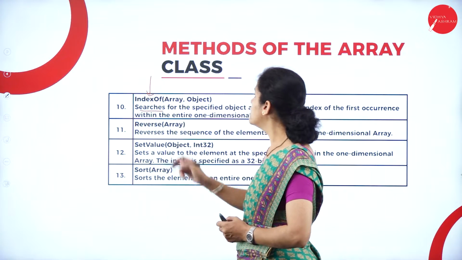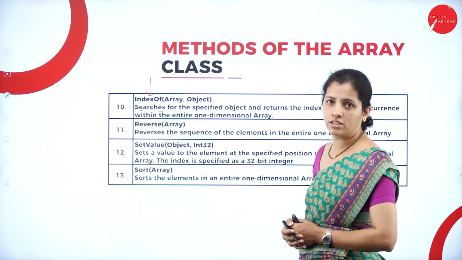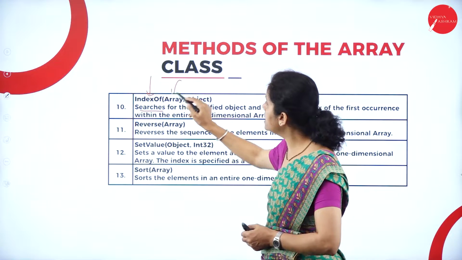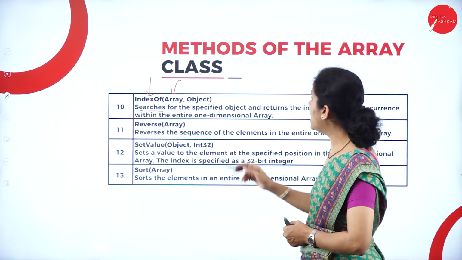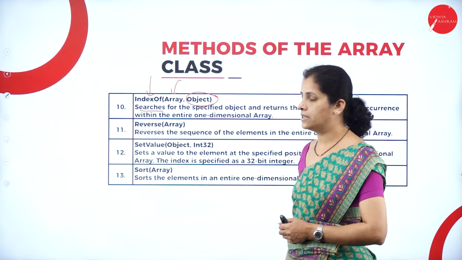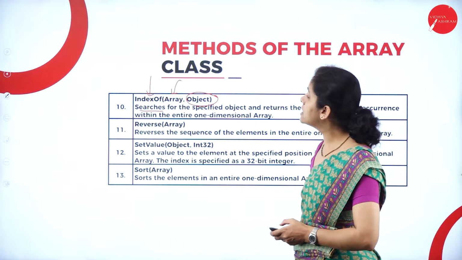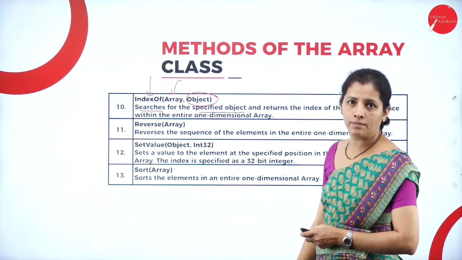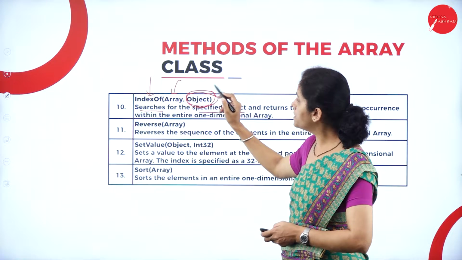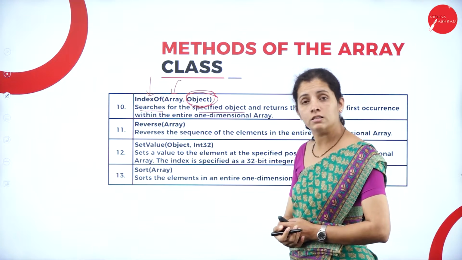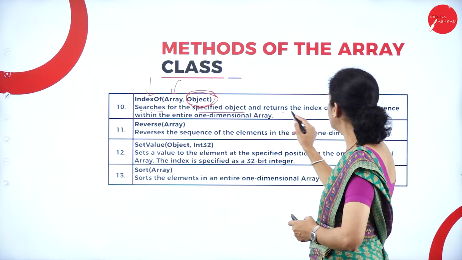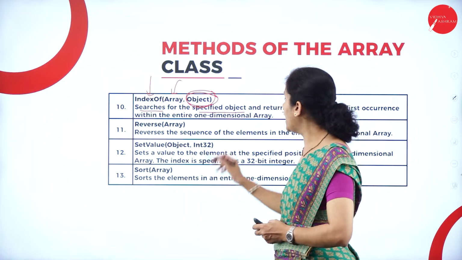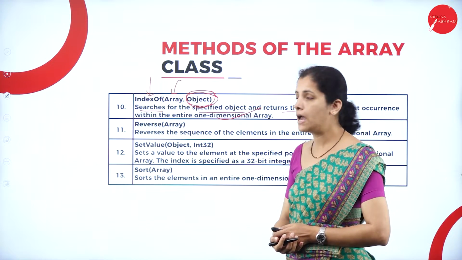Now, I am going to have IndexOf. It searches for the specified object. That means if I use IndexOf, I specify the array, and along with that I specify the object. This method is responsible for searching for the specified object, and it returns the index of the first occurrence within the entire one-dimensional array.